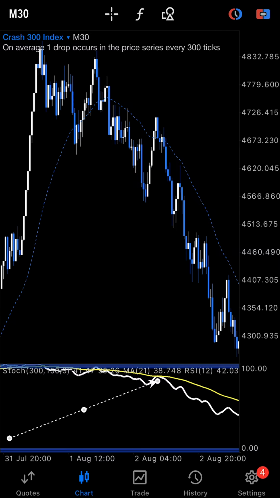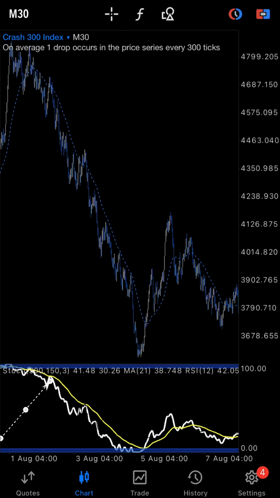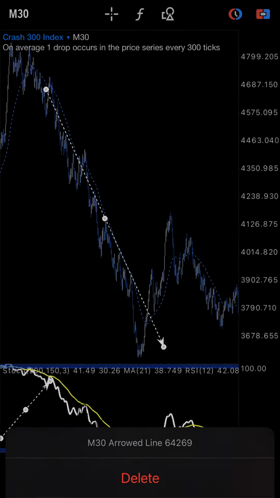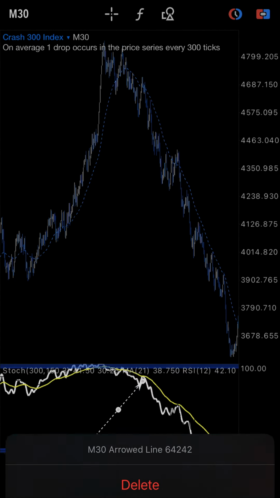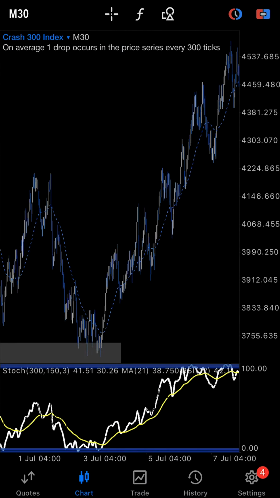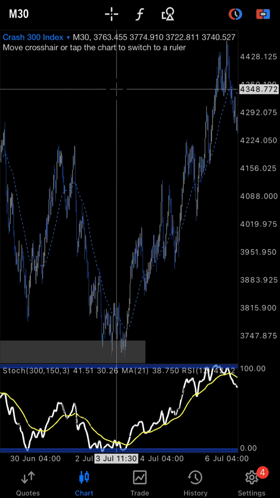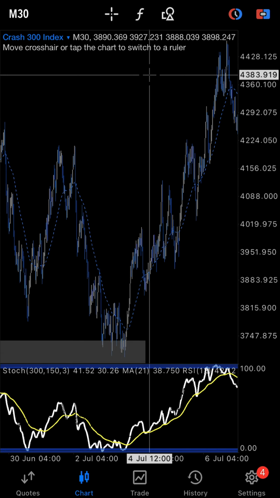After a rejection candle, you ride it all the way down to the oversold. So the strategy is very effective, guys. You make a lot from it.